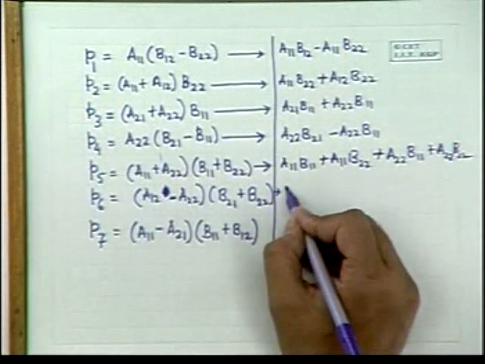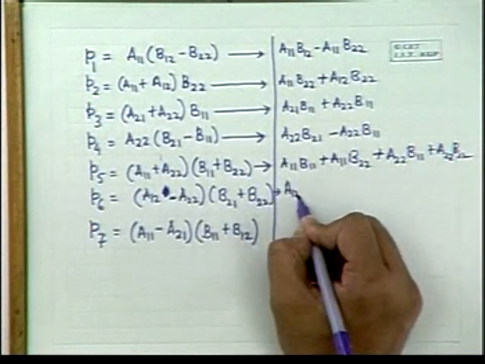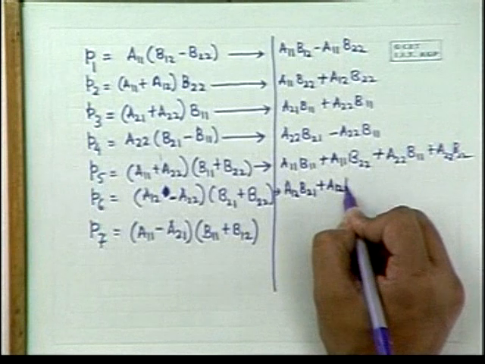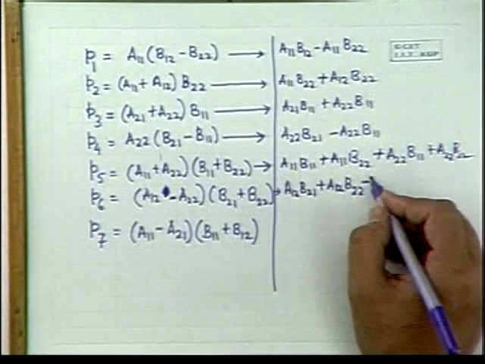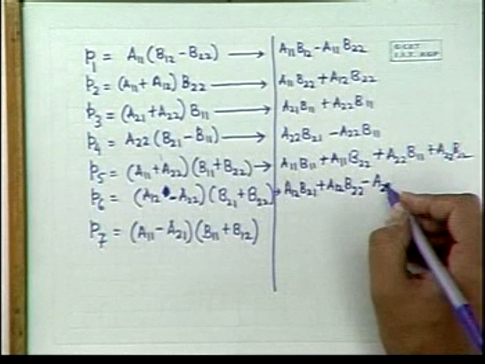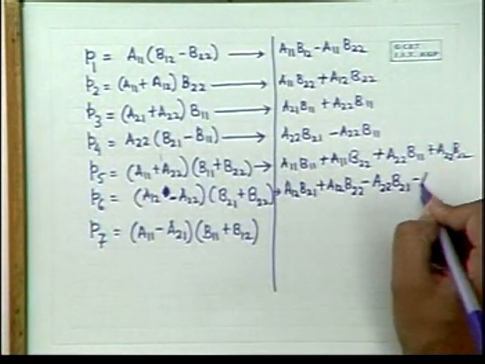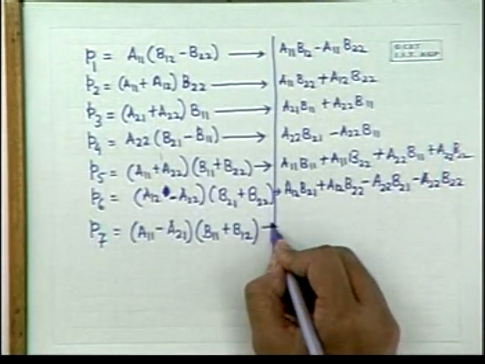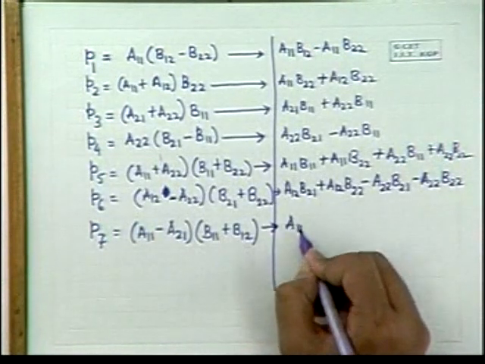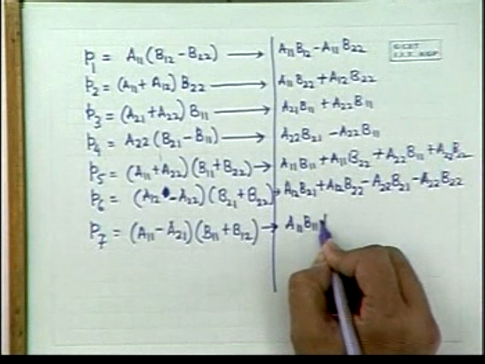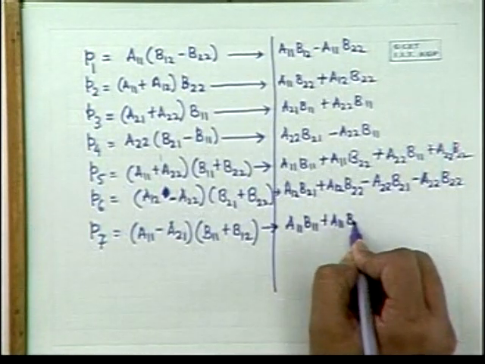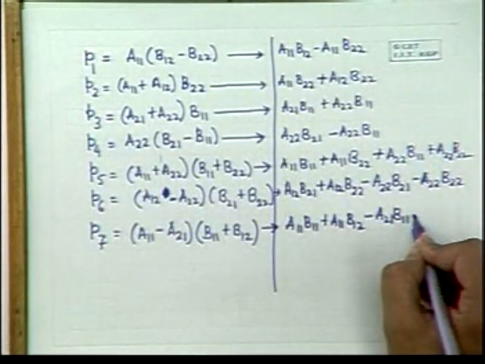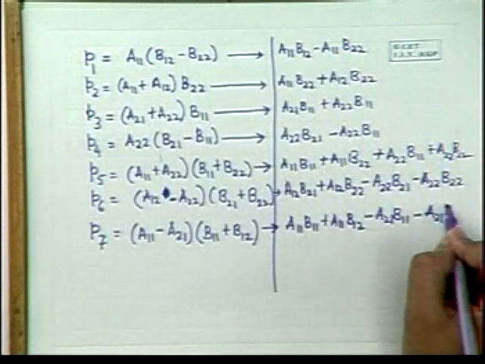P6 gives A12 B21 plus A12 B22 minus A22 B21 minus A22 B22, and P7 gives A11 B11 plus A11 B12 minus A21 B11 minus A21 B12.